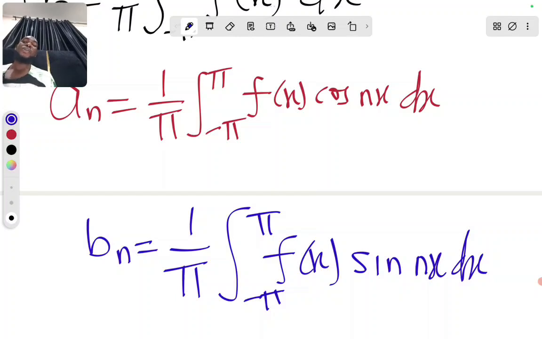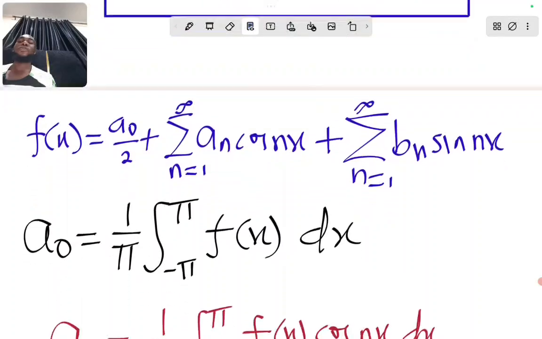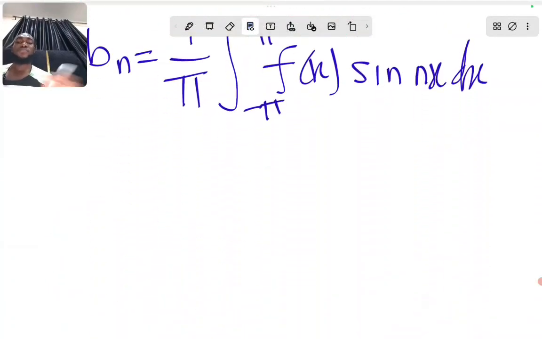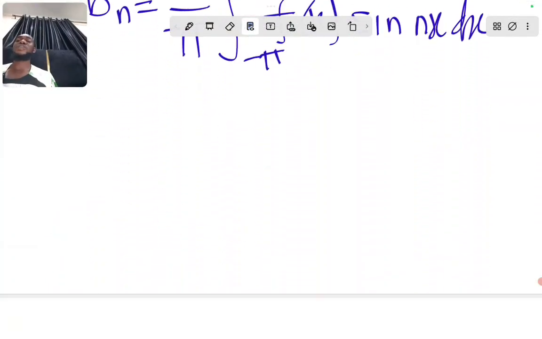So this is the value of the coefficients of the Fourier series.